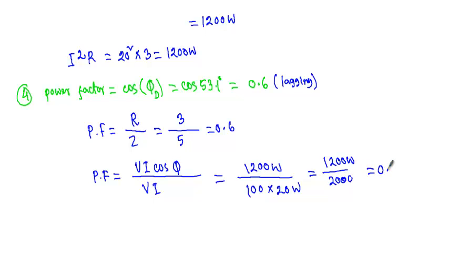This will be 0.6. Okay, so our power factor will be 0.6, and as current I lags V by 53.1 degree, our power factor will also be lagging.